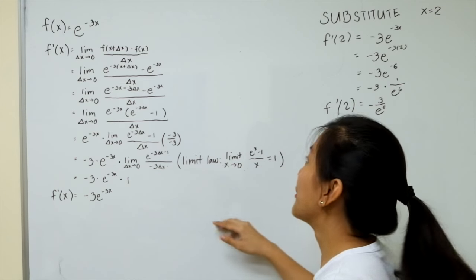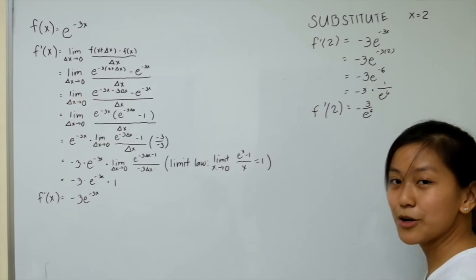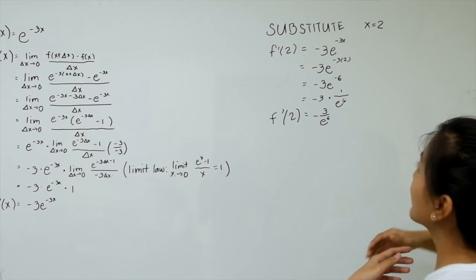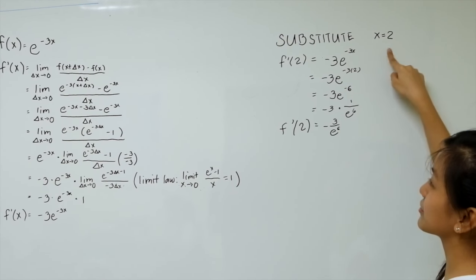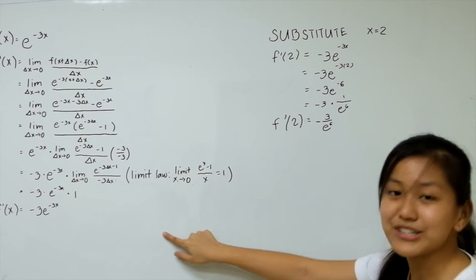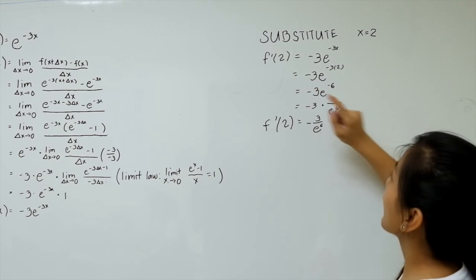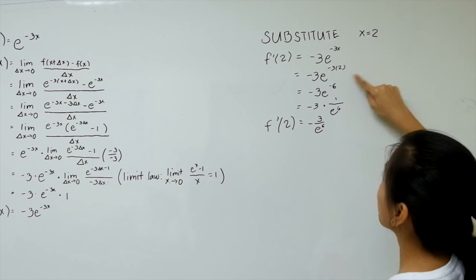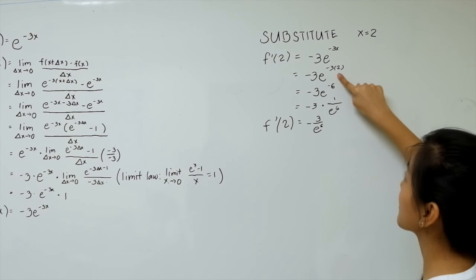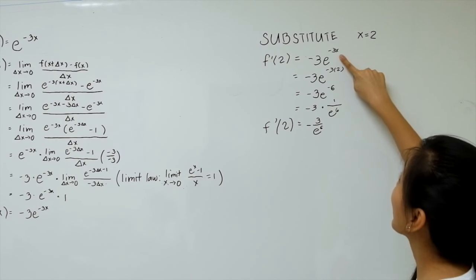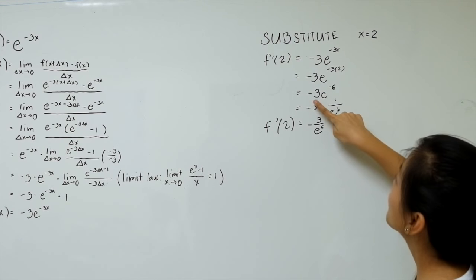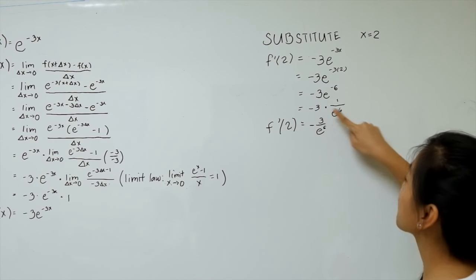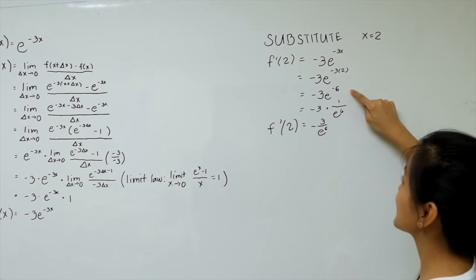And so to get the slope of the tangent line, we have to substitute x equal to 2 into the derivative we just got a while ago. So f prime of 2 is equal to negative 3 e to the power of negative 3 times 2, because we substituted the x as 2 in the equation, which will lead you to get negative 3 e to the power of negative 6.